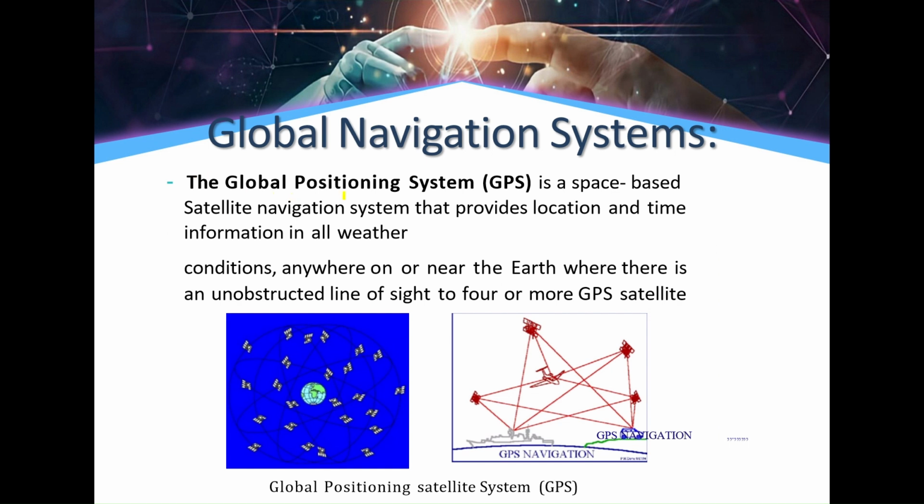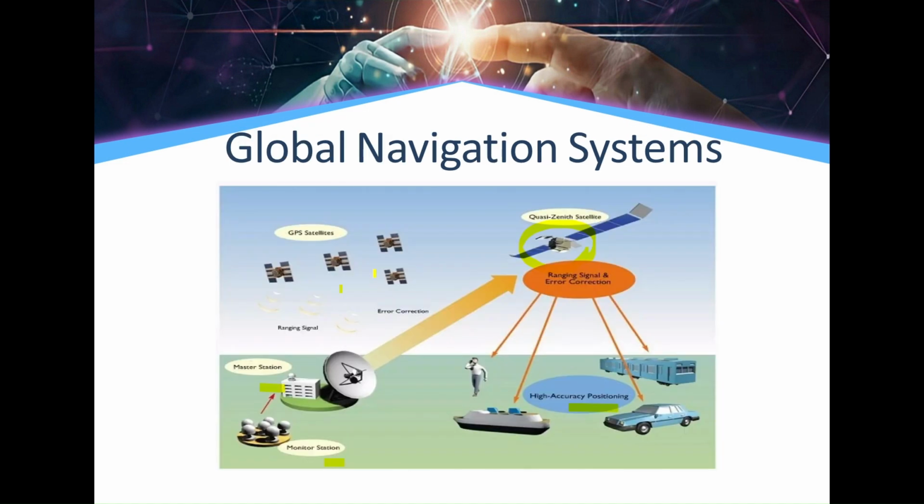The global positioning system, GPS, is a satellite-based system that provides location and time information in all weather. The main benefit is that it is available in all weather conditions, anywhere on or near the Earth's surface. It is majorly dependent on the satellite system, where monitor stations and master stations are also part of it.